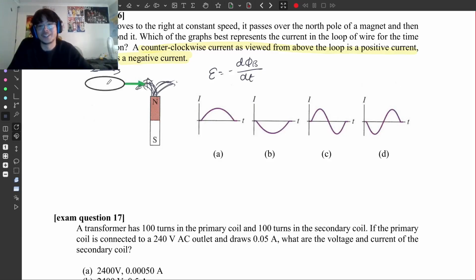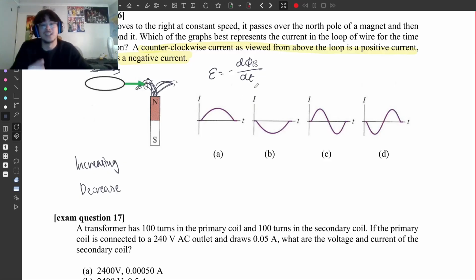So the direction of the current, the induced EMF, will be in the clockwise direction first. So we'll be starting off negative. So it's either B or D. But you know that because the magnetic flux will be increasing as it goes over, and then it will decrease as it moves away.